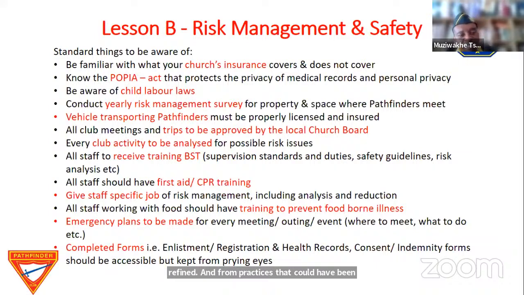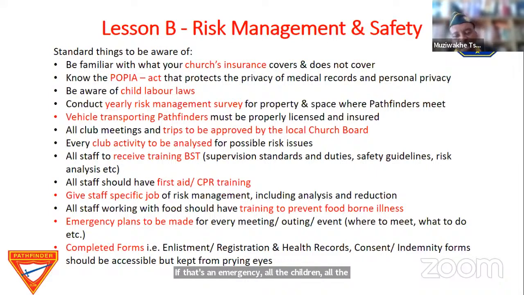Another important point, leaders, is that emergency plans need to be made for every meeting or every outing or event. And that will include where to meet and what to do, etc. We need to have an emergency plan. For example, we also need to have a place where, if there's an emergency, all the children, all the pathfinders should converge.